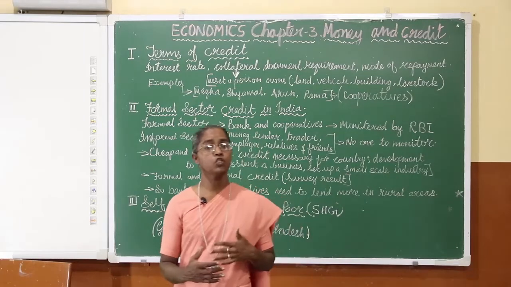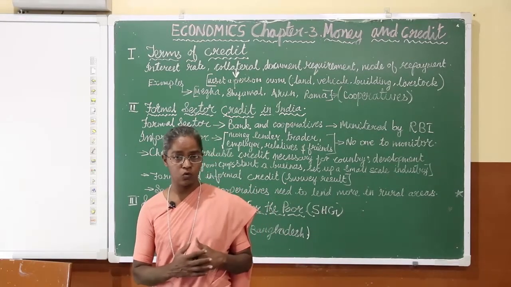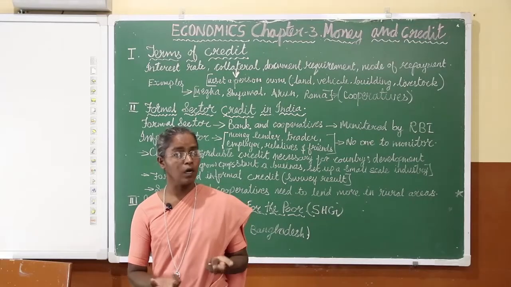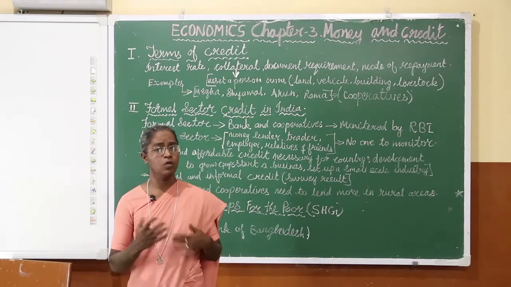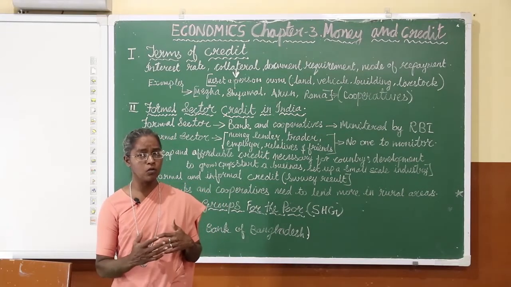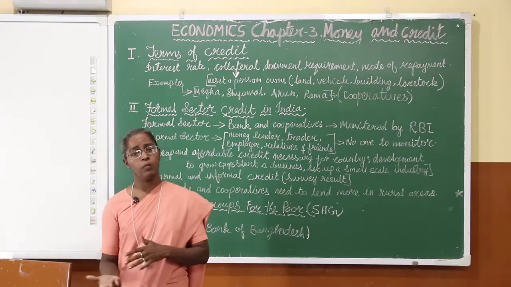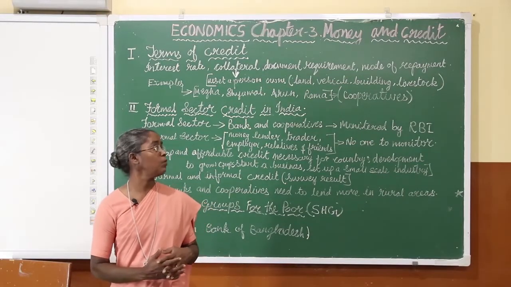You have to produce before the bank the details of all these, whatever you possess, as a proof, as a security that you are able to pay back the amount which you are taking as a credit from the bank.